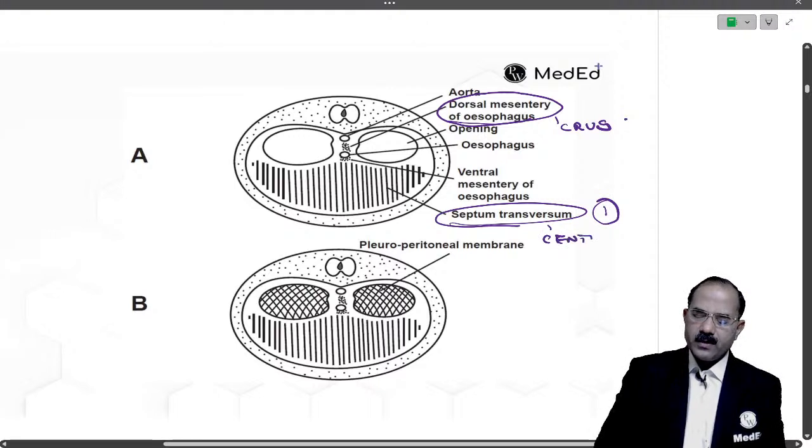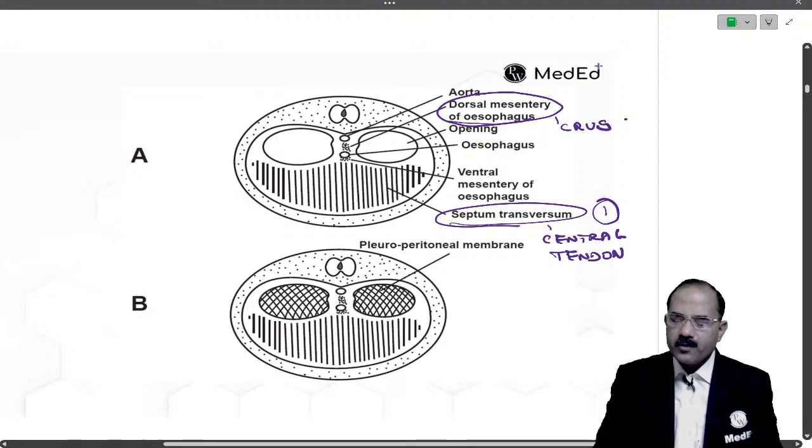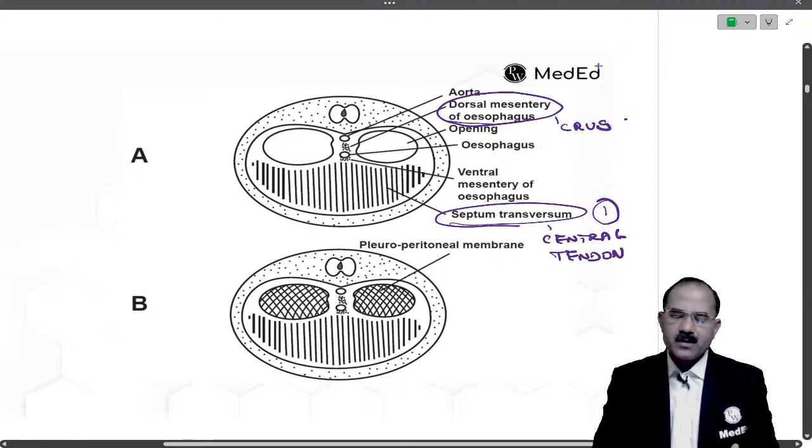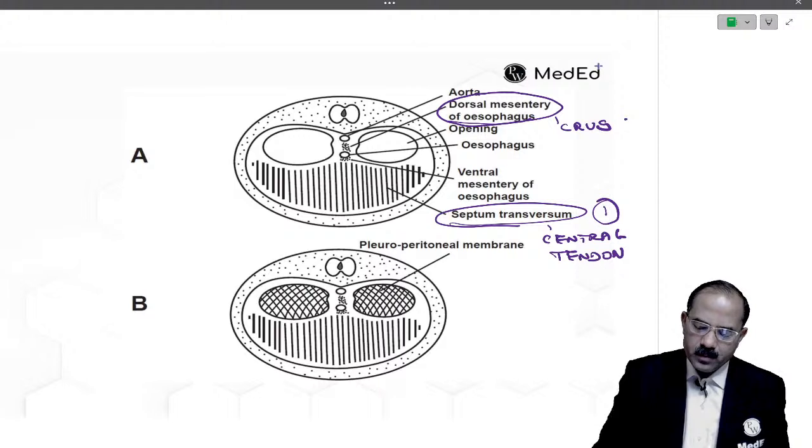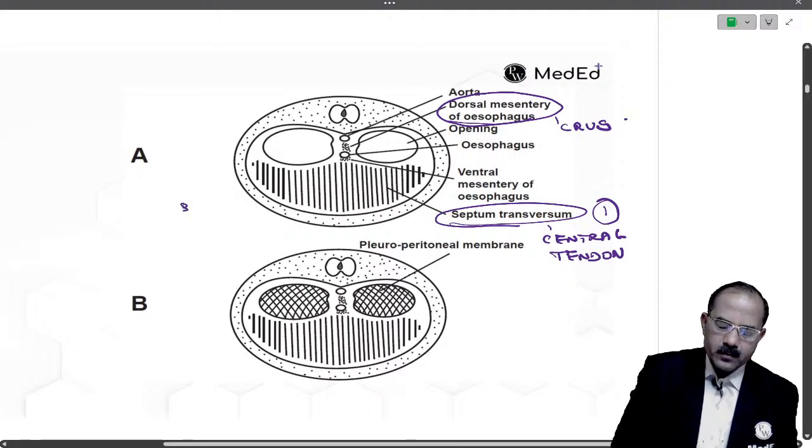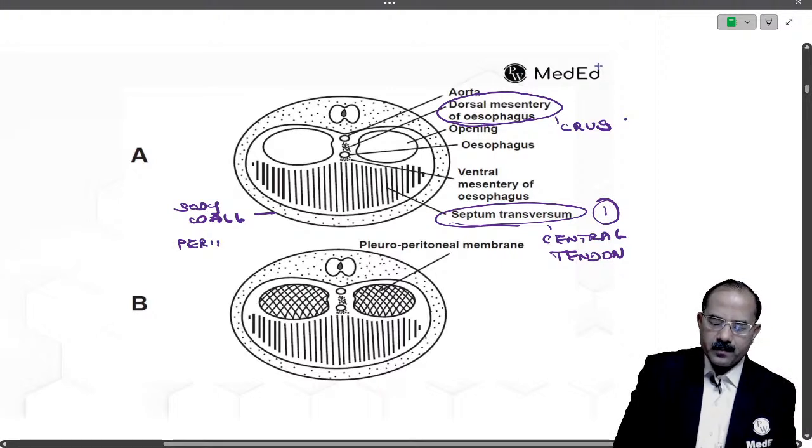So septum transversum forms the central tendon. The dorsal mesentery forms the crura. The body wall. What does the body wall form? It forms the peripheral parts of the diaphragm.